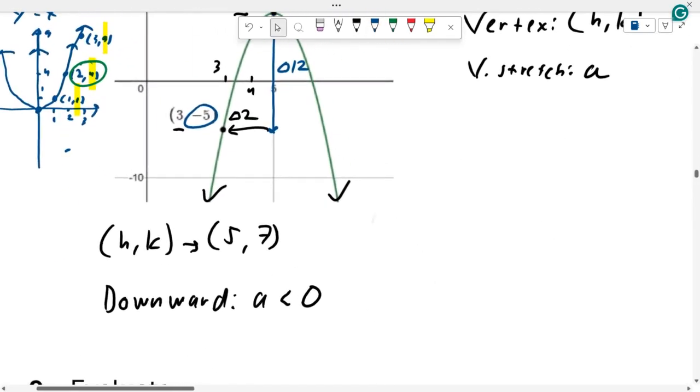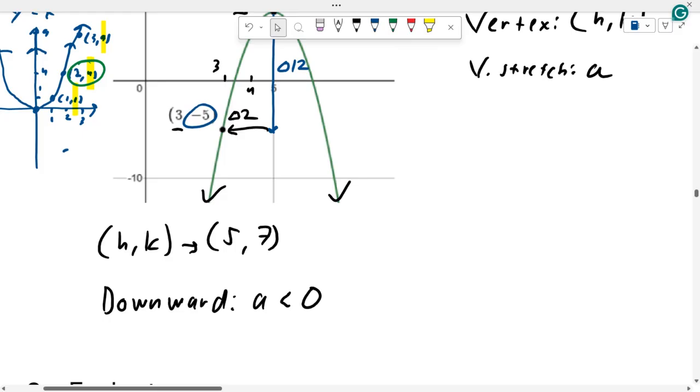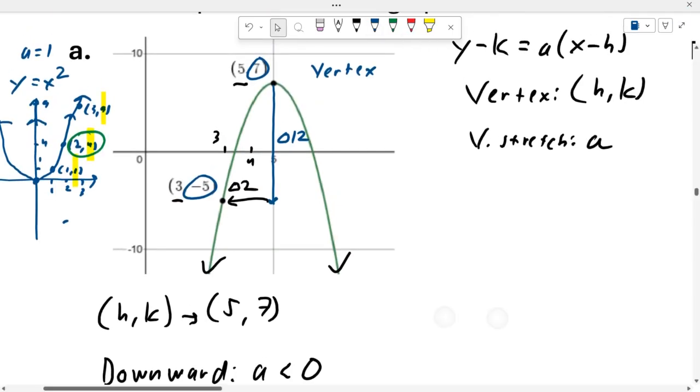So what do you have to do to 4 to get 12? What's happened is this has been stretched by a factor of 3. Every change in x, the resulting change in y has been multiplied by a factor of 3, because when I changed by 2 units, I saw a change in my y value of 12.